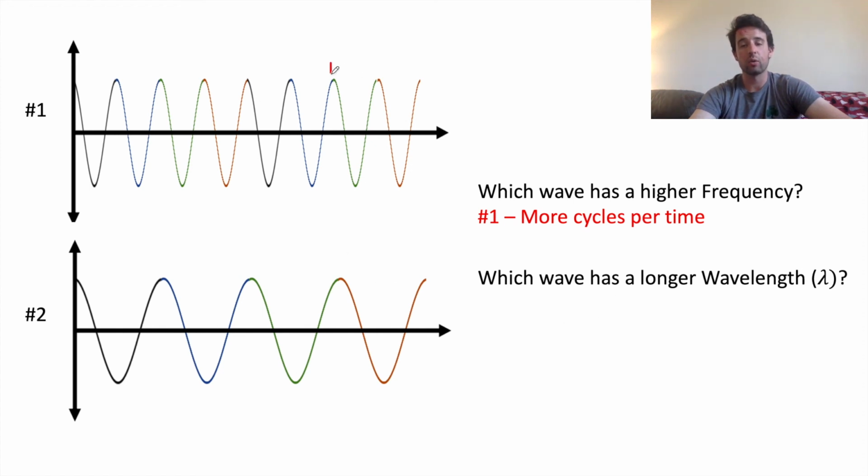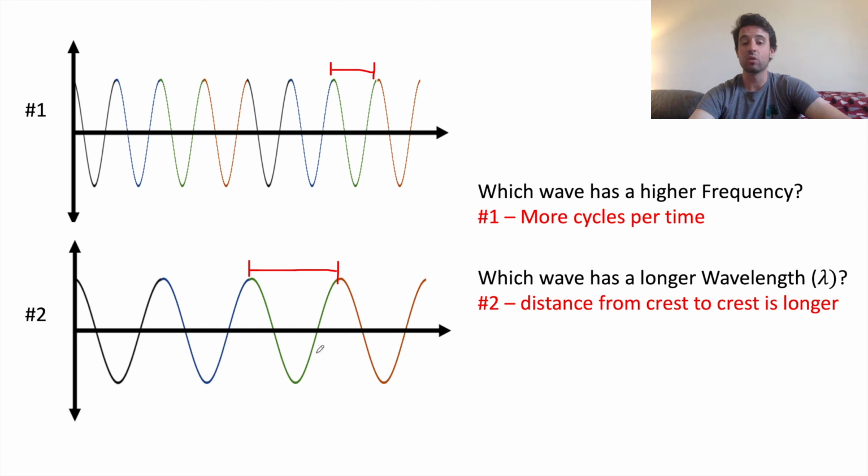Look at how short that wavelength is compared to the wavelength on the second graph. Since there's a larger distance from crest to crest, or trough to trough, or 0 point to the next 0 point, we would say that graph number 2 has a longer wavelength. Hopefully that makes sense.